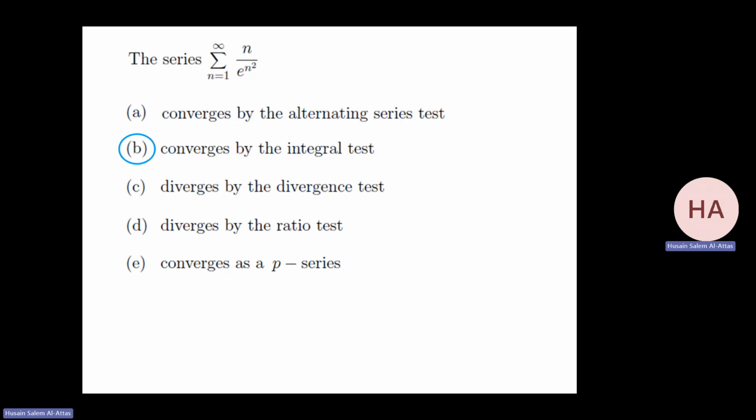Yeah, so I need to check the conditions. This is positive, very clear. Continuous, very clear. Now let me check f prime of x over e to the x squared. What will be f prime of x? It will be e to the x squared minus x times 2x e to the x squared, over e to the x squared squared.